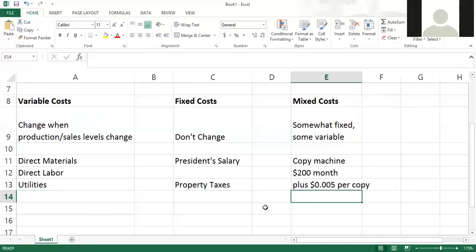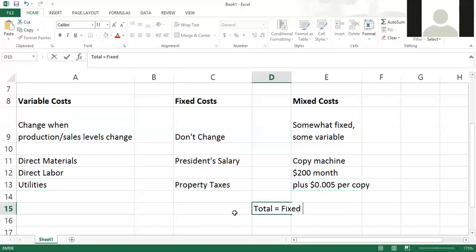And you'll see a cost formula written. It's going to look a little confusing, but it is just trying to say that same thing. It's going to say the total cost is equal to the fixed amount plus, in this case, half a cent times the number of copies. So our formula here would be $200 plus half a cent times the number of copies.